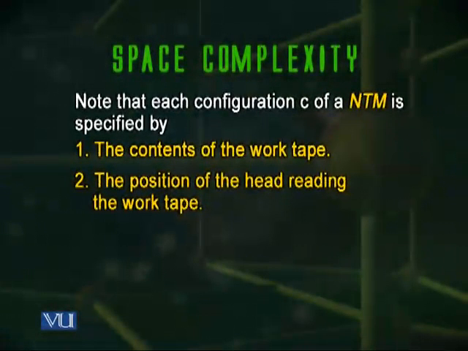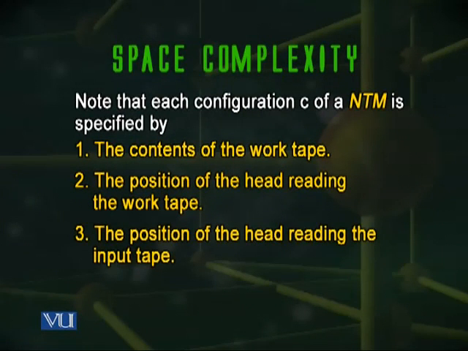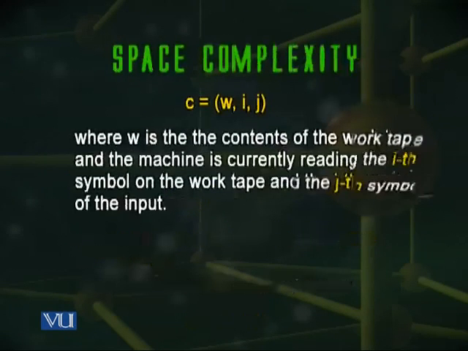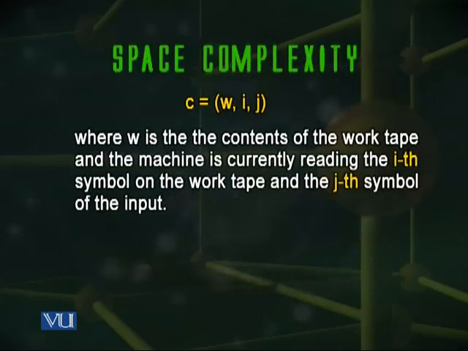The second is the position of the head reading the work tape. The third is the position of the head reading the input tape. Thus, all configurations are given by triples C equals (W, i, j), where W is the contents of the work tape, and the machine is currently reading the ith symbol on the work tape and the jth symbol on the input.